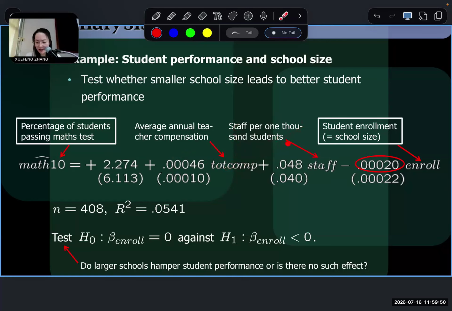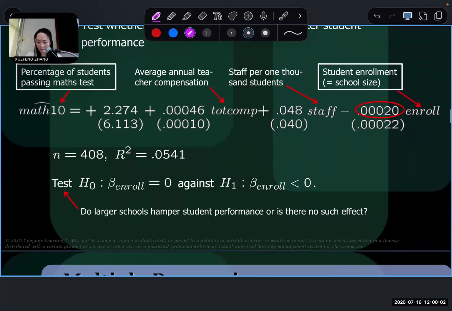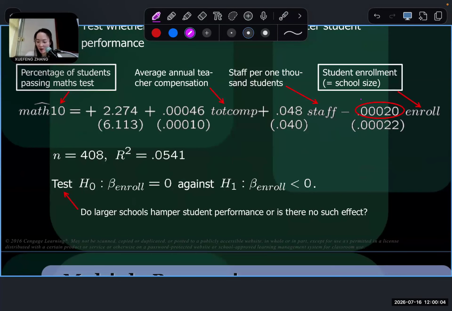This is the staff per 1,000 students. And here is the student enrollment, which is the school size. Now we are caring about the school size, okay? That's why you need to take a look at the estimated coefficient and the standard errors, okay? And here is 408, the number of observations. This is our R squared.